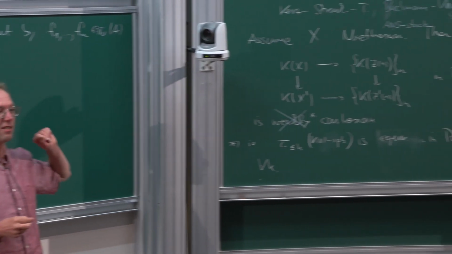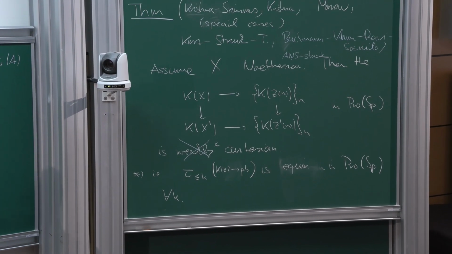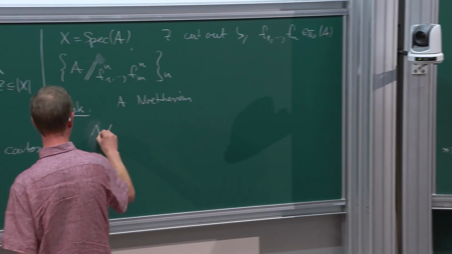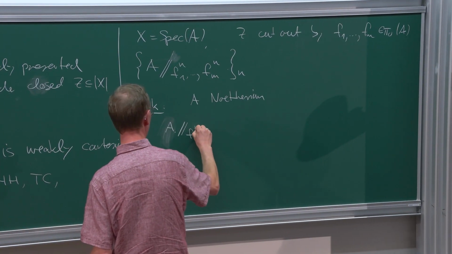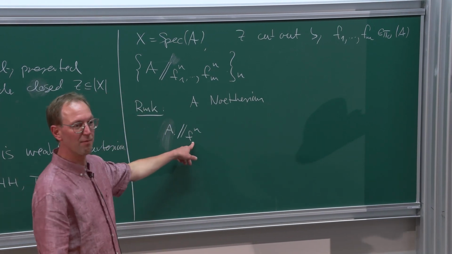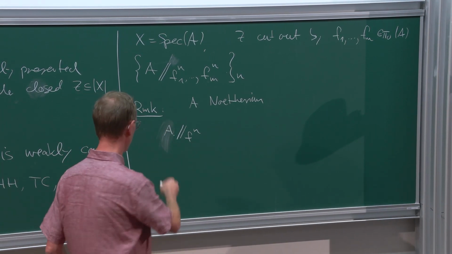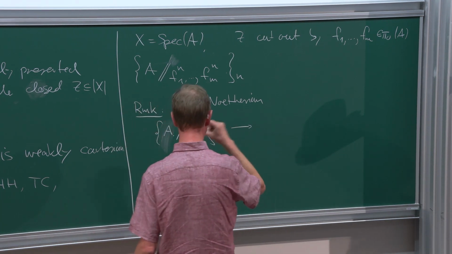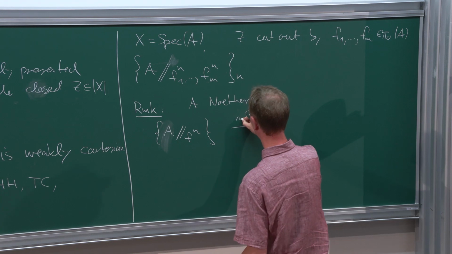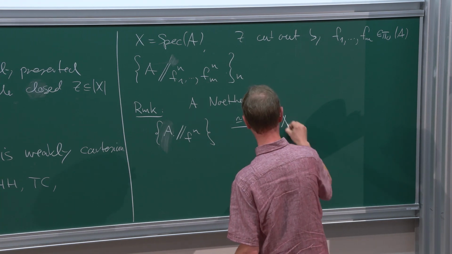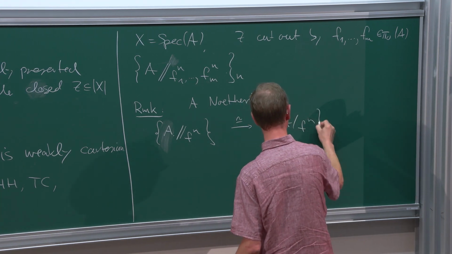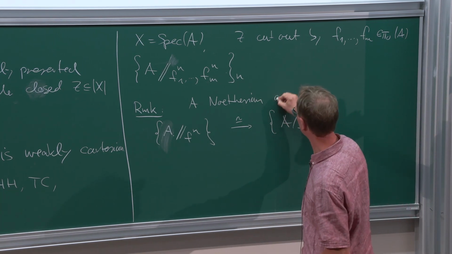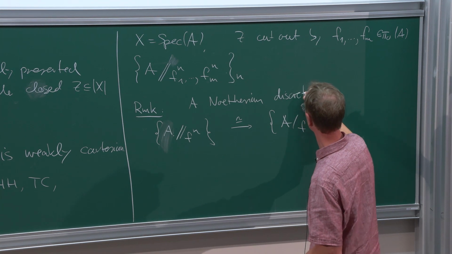This is a very classical observation: if you do this derived completion, let's just look at one element F and the powers of it, and you look at this pro system, then this is equivalent to the pro system of A mod F to the n, the ordinary quotient. So let's say A is a Noetherian discrete classical ring.